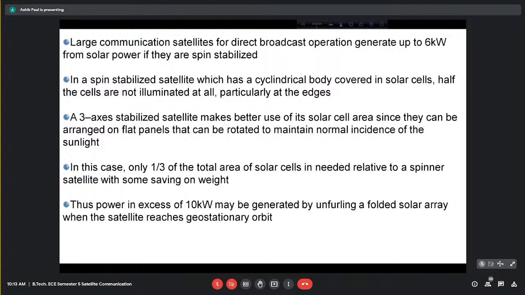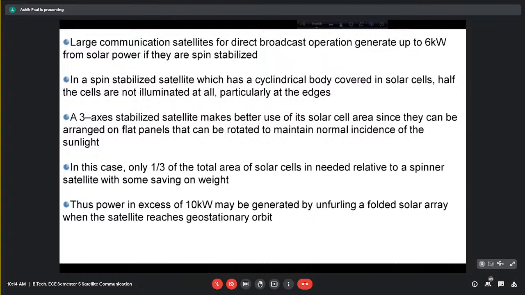In that kind of system, both sides of the solar panel get charged up, and depending on the orientation of the panel, we could also orient them so that the sunlight is normally incident, and not at some other angle.